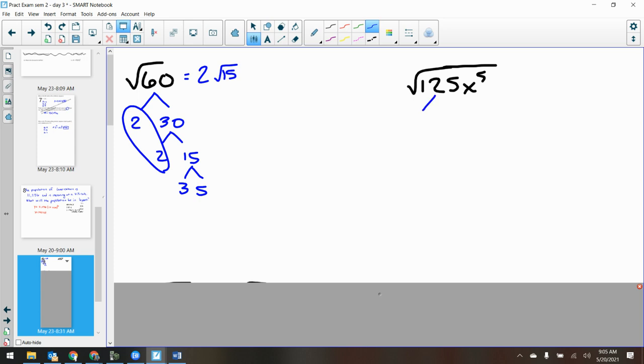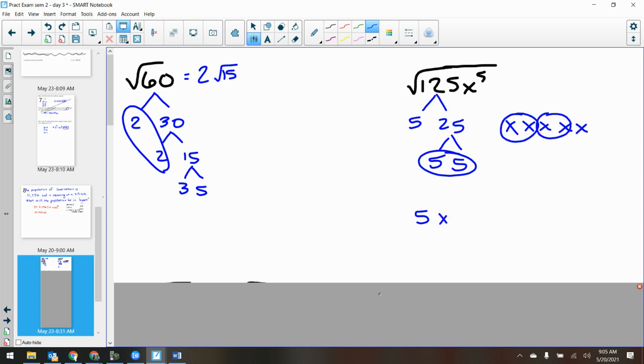125x to the 5th. Okay, that's 5 and 25, which is 5 and 5. Buddy up with the 5's. I've got a 5 coming out. Be careful with the x to the 5th. Draw it out. Buddies and buddies, I've got 2 coming out with 1 5x staying in.